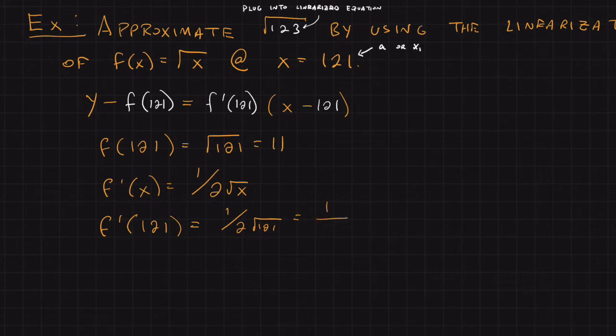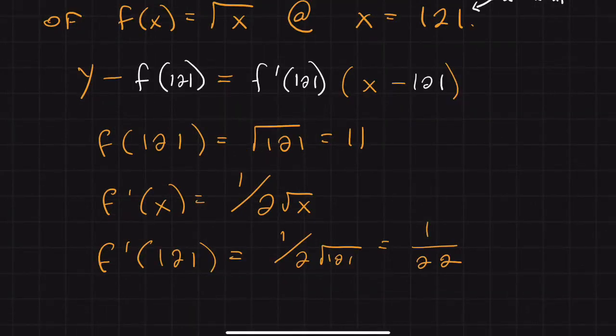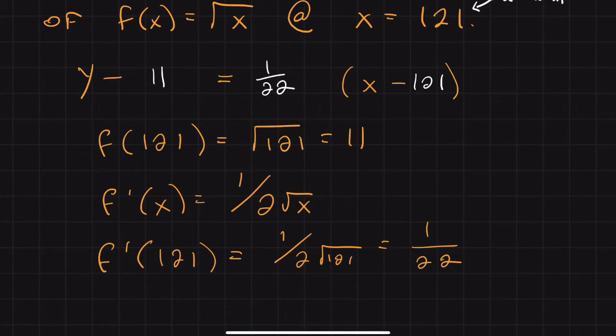This would equal 1 divided by 22. Inside the equation of our line, let's go ahead and erase f of 121 and replace that with 11. We could also erase f prime of 121 and replace that with 1 over 22.